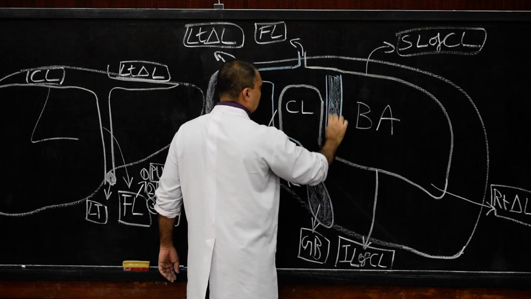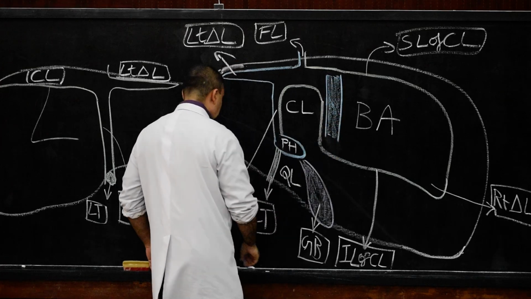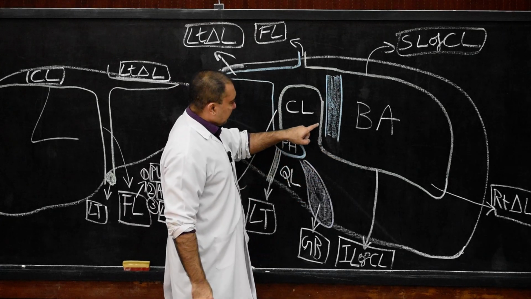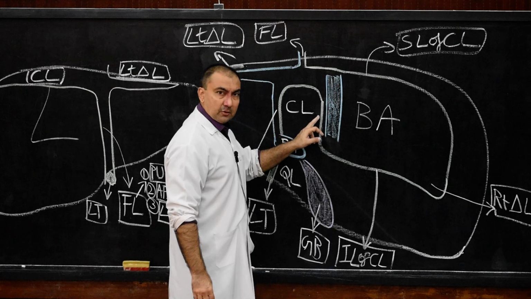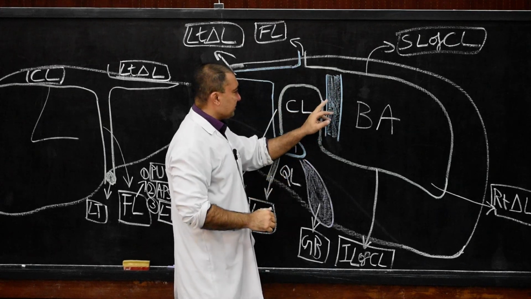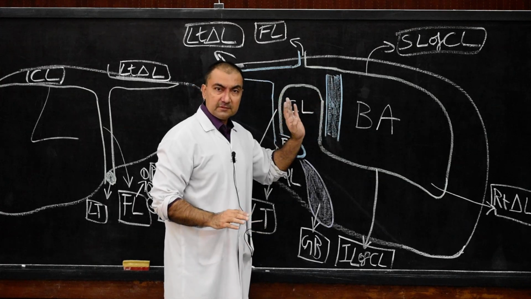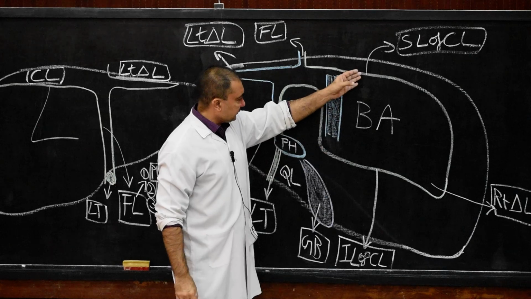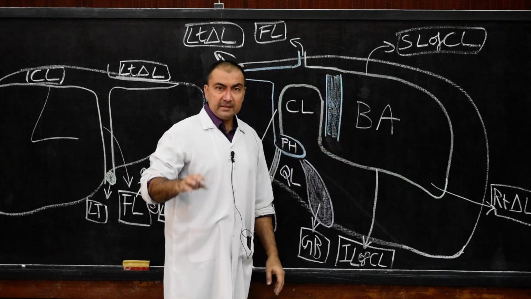Our inferior layer of coronary ligament will form the right margin of caudate lobe, as well as be present on the left edge of the inferior vena cava. Simple, very simple. So these are the tracings of the superior and inferior layer of coronary ligament.